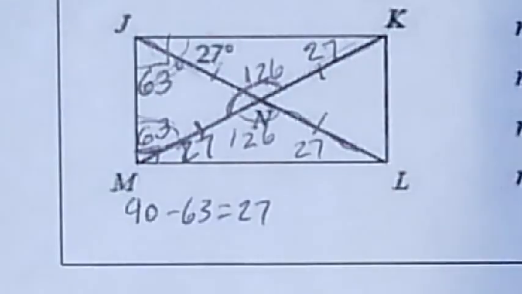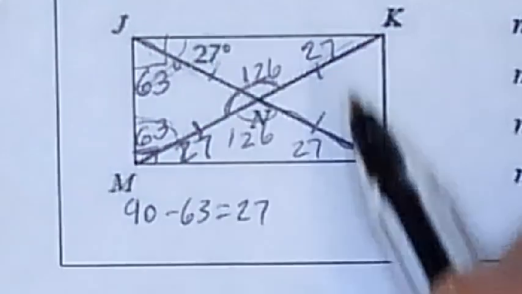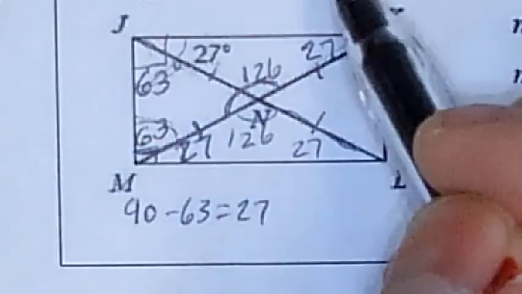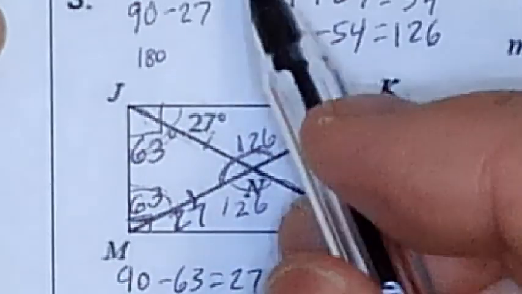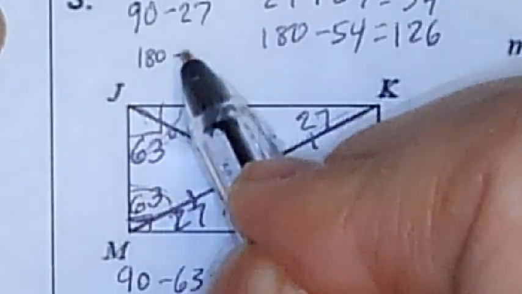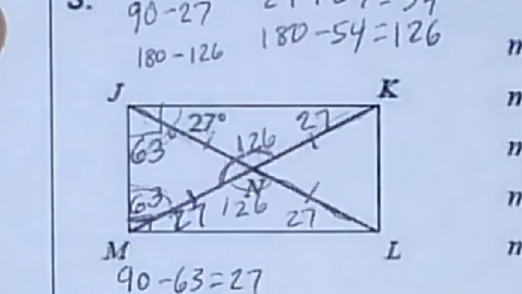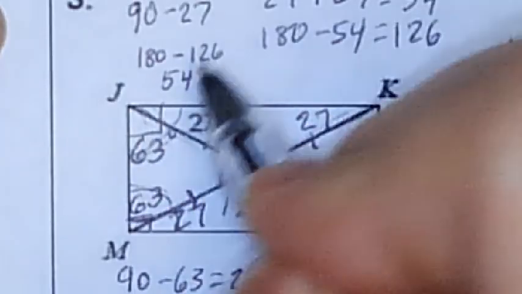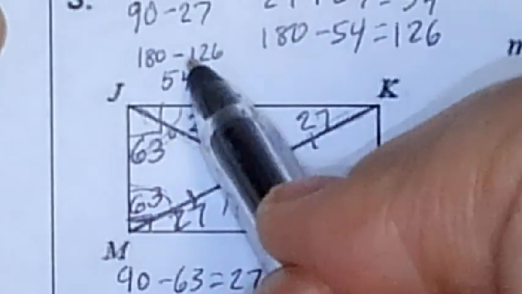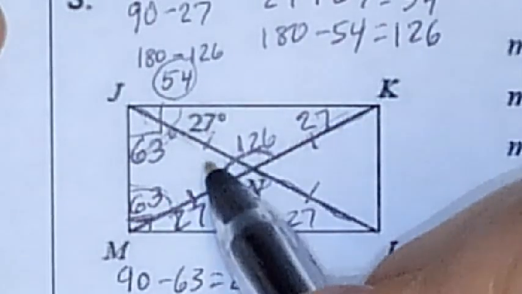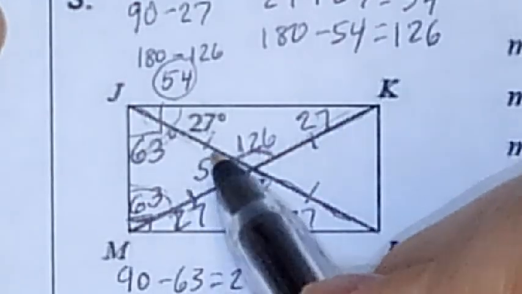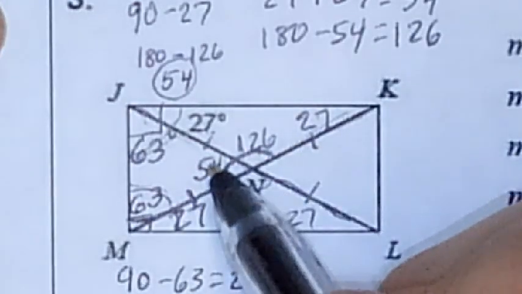If we take 180, oops, let's lower that, minus 126, we end up getting 54. Why is that so significant? Because that's what this angle is here. And by vertical angles, this is also 54.